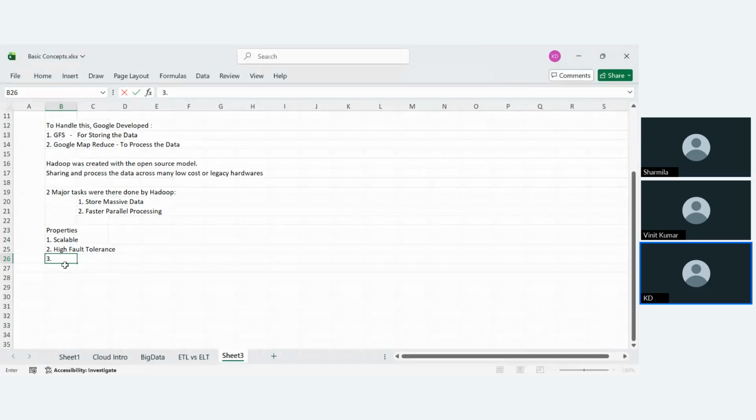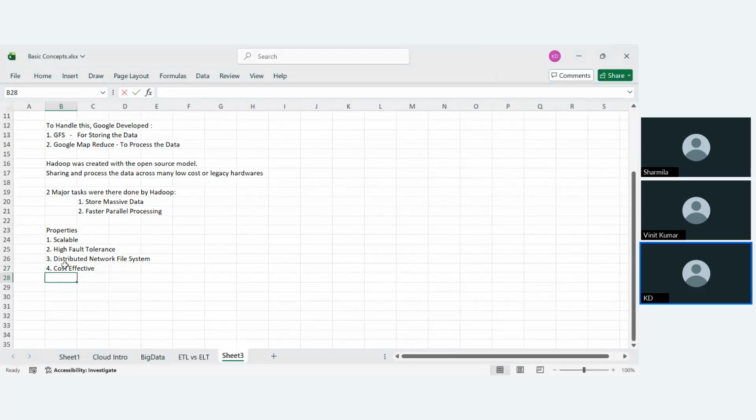Third, it was following the distributed network file system. And fourth, it was very cost effective. This was the main important point for getting popularity of Hadoop in the market. And this was open source.